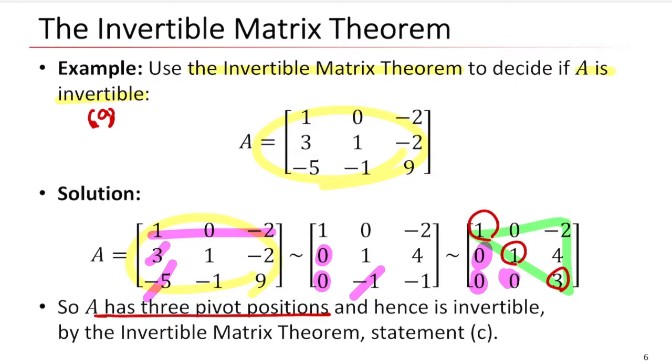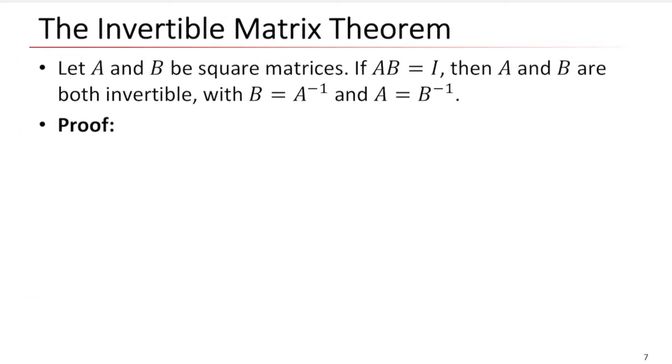So it means that this satisfies statement C. So statement C and statement A are related. So we can conclude the matrix A is invertible from this, right? So this is one example that used the invertible matrix theorem. Okay.